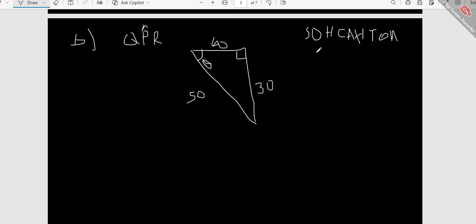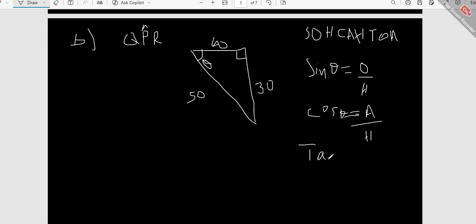It simply means that sine theta is expressed as opposite all over hypotenuse, cos theta is expressed as adjacent all over hypotenuse, and tan theta is expressed as opposite all over adjacent.